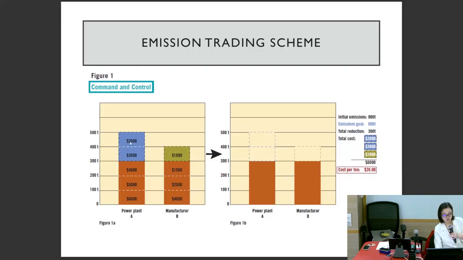In order to reduce 100 tons of carbon dioxide, power plant A needs to spend $2,000 to reduce the first 100 tons. If power plant A wants to reduce another 100 tons, they have to pay $3,000.